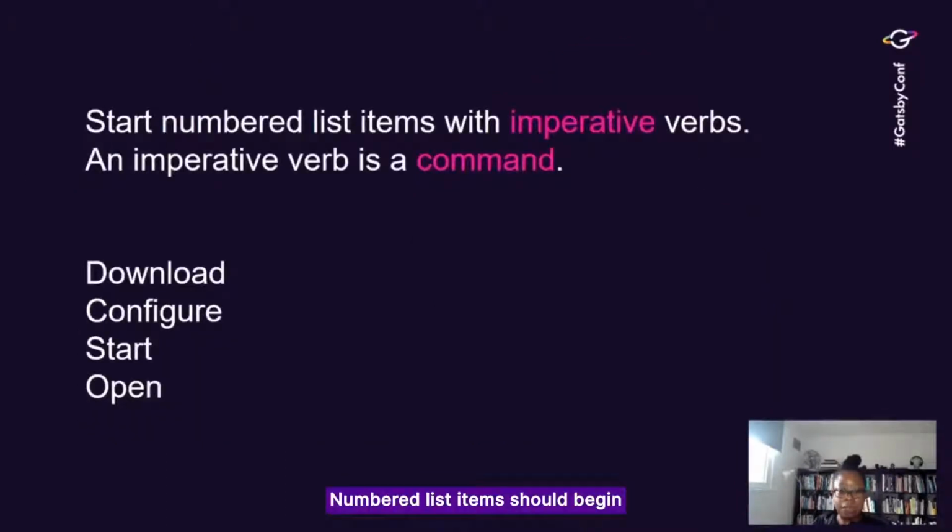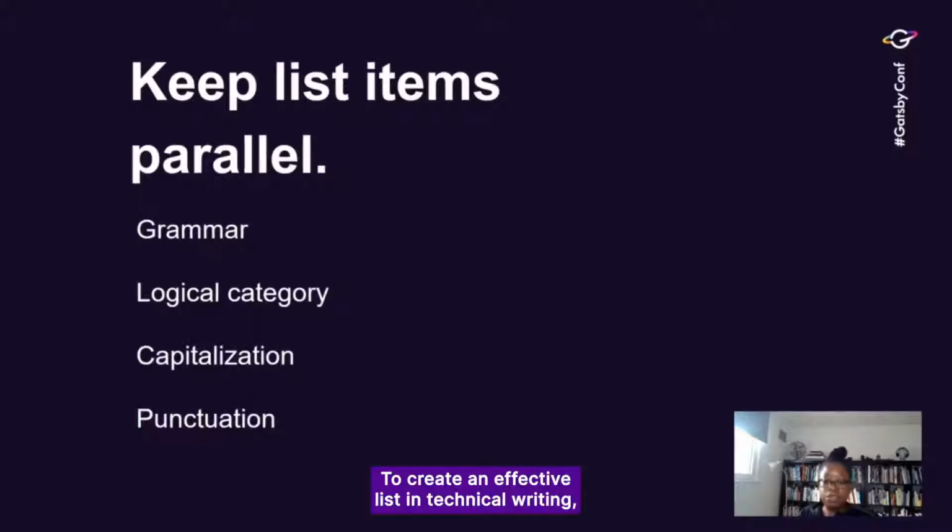Numbered list items should begin with imperative verbs. An imperative verb is a command, so download, configure, start, open. To create an effective list in technical writing, you must keep all list items parallel.